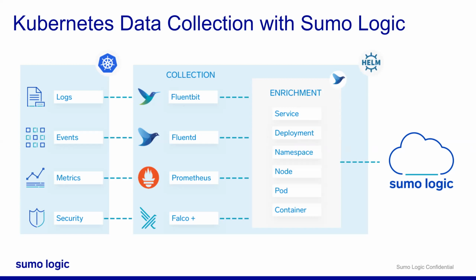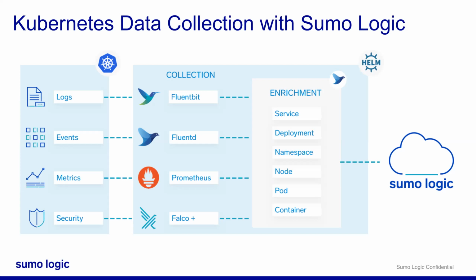And many of you are familiar with Prometheus already because it is the de facto standard for pulling metrics from Kubernetes. And we use Prometheus because it has really good auto discovery capabilities. Because of those auto discovery capabilities, that Explore tab in Sumo Logic that we were showing earlier is automatically going to stay up to date with the live state of your cluster.